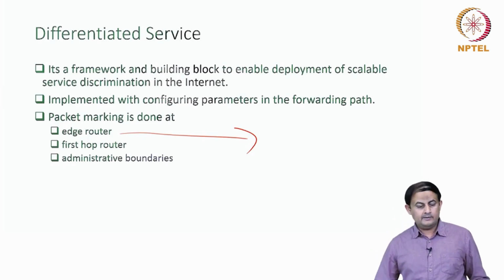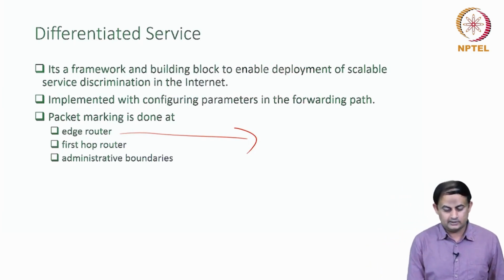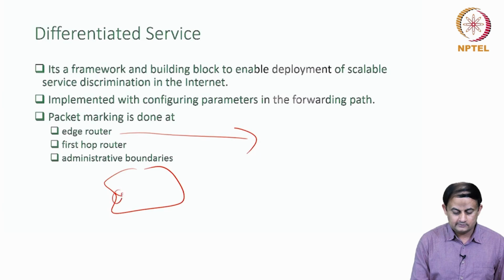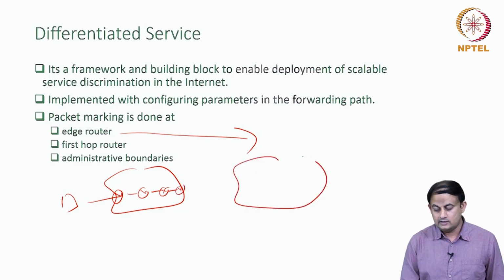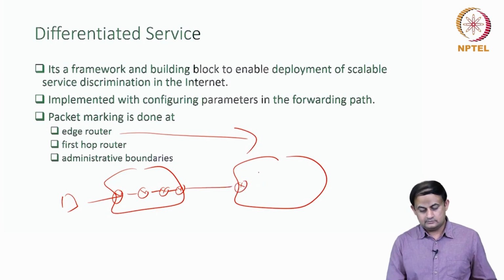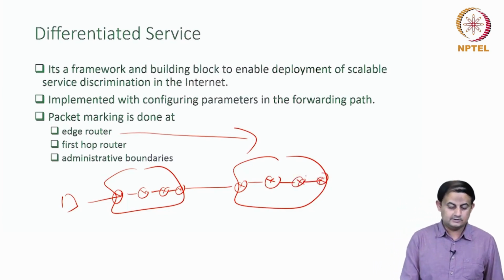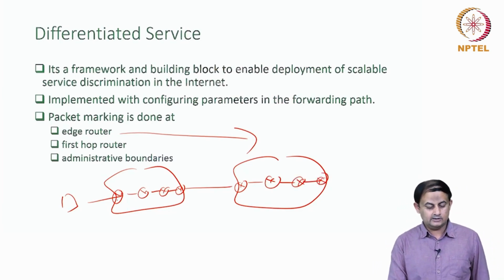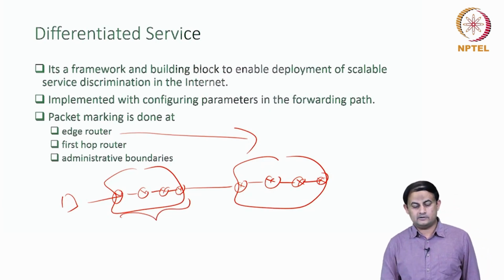Although this is defined at the first hop router, there are a bunch of intermediate routers, and then you go to the next level of the network. From one network to another network, when the packet transits, the edge router does the marking, and that marking is valid only in this particular network.